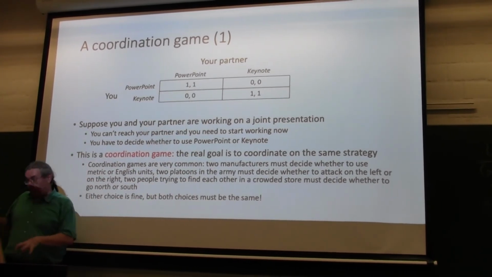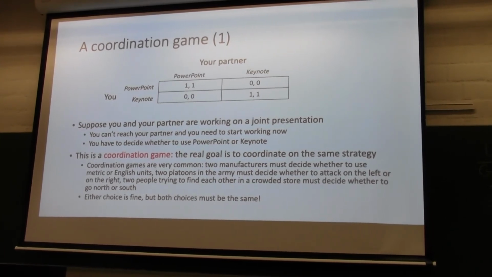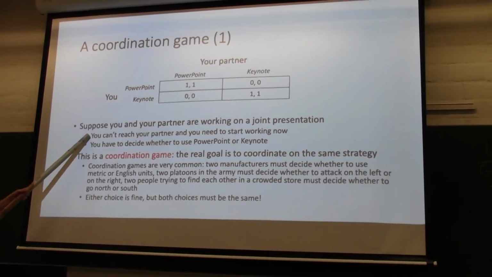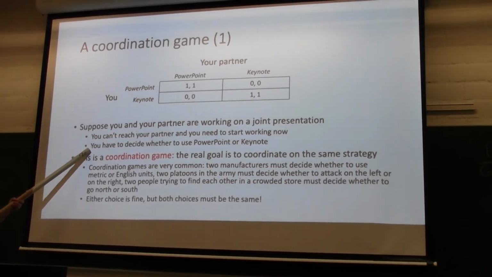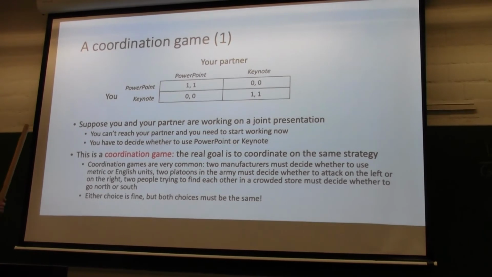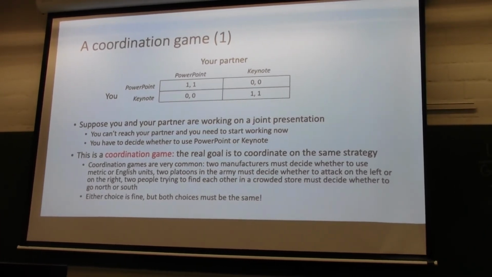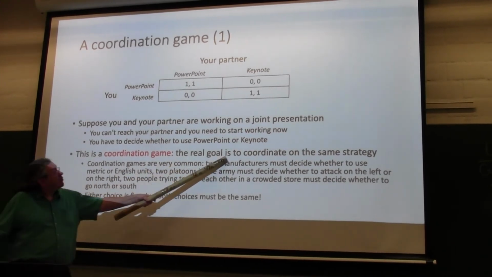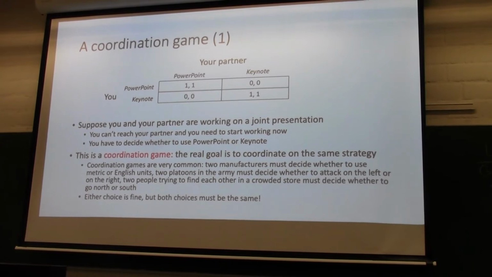Both of you are working at home, making slides, and you decide independently. You can't reach your partner. You have to start working now. So this is a coordination game. Coordination means that the two partners somehow have to coordinate. That's the best thing.